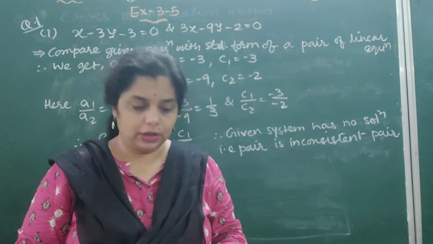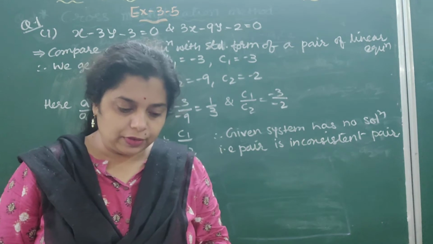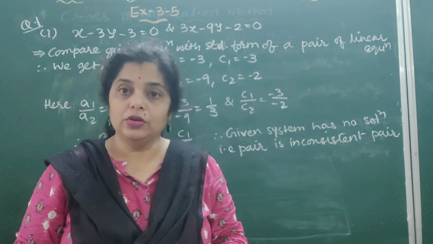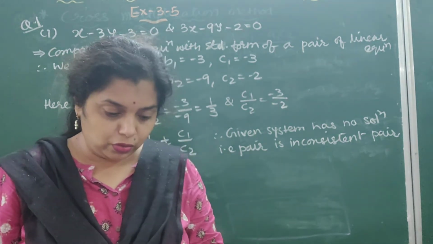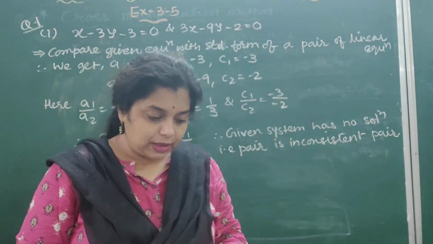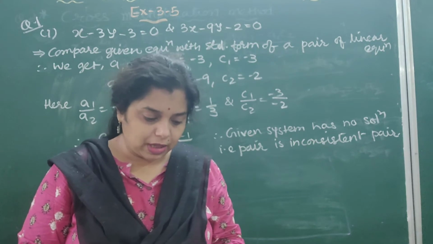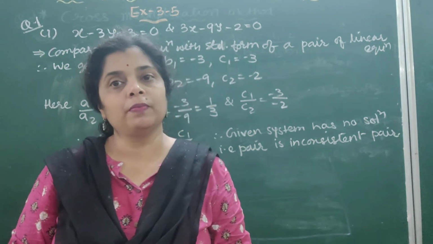The first question is: which of the following pairs of linear equations has a unique solution, no solution or infinitely many solutions? In case there is a unique solution, find it using the cross multiplication method.